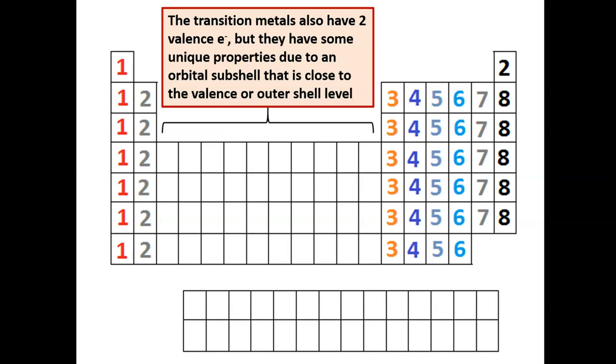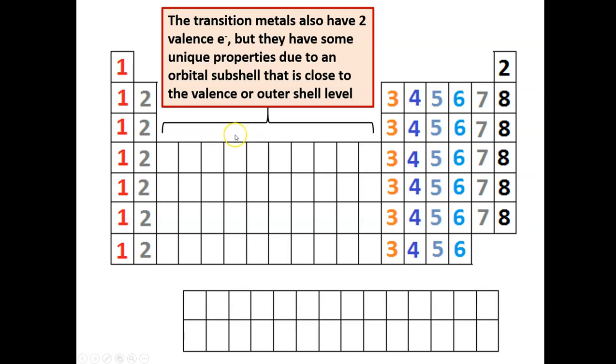They don't include D. And that's true almost all of the time. Except that there's a few of these here that sometimes do include their D, which makes them just a little bit odd. And so we don't have an exact pattern. We could put in how many valence electrons all of these have here, but it wouldn't be a pattern to memorize. So we're not going to worry about those valence electrons, okay? You just need to know that most of them probably have 2, unless they're one of those exceptions.